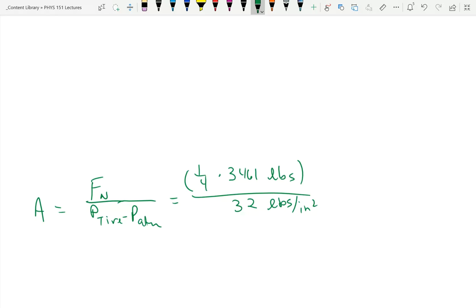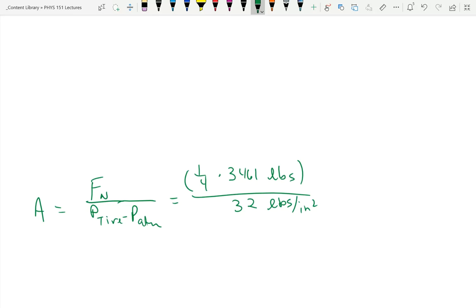You had a question? Do I have to multiply that by 9.81? No, because we don't have any masses involved here. A pound is a force. So 3,461 divided by 4, and then divide the whole thing by 32.